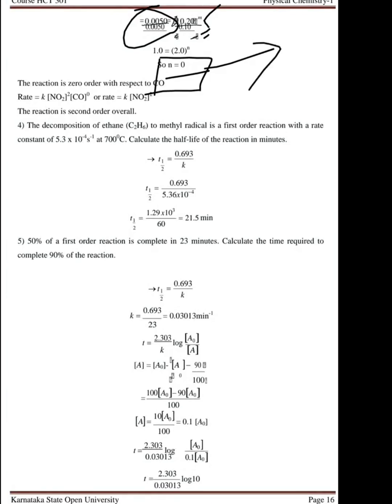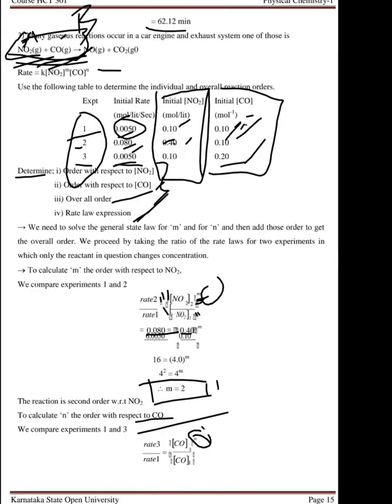So we have got two orders of reaction. Now we find the total order of the reaction: 0 plus 2, we are going to get 2. This n equal to 0 is the order with respect to carbon monoxide.